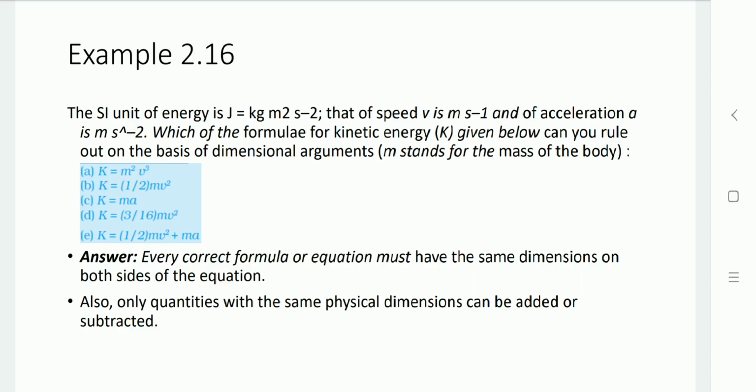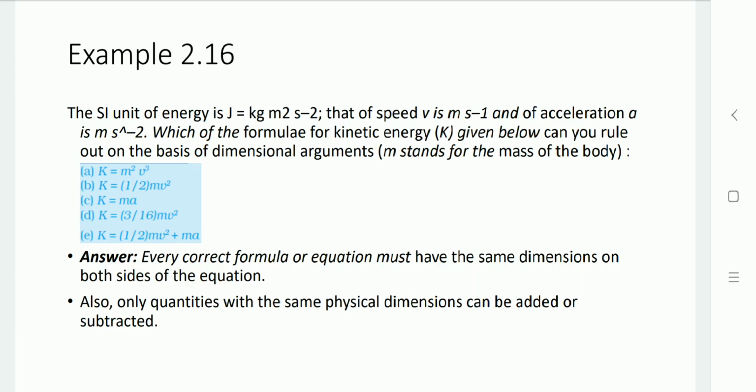For example, for the dimensional quantities on the right side we are having kinetic energy, which we have equated from the earlier example, m L square t raised to minus 2. Now from the first equation we are having m L square t raised to minus 2. That is a correct one.